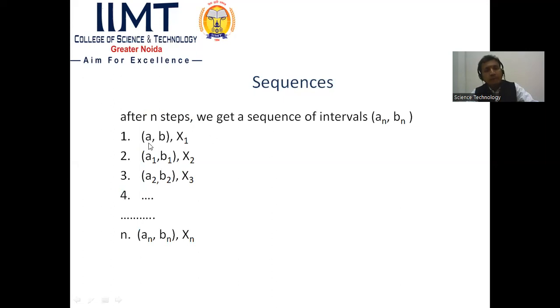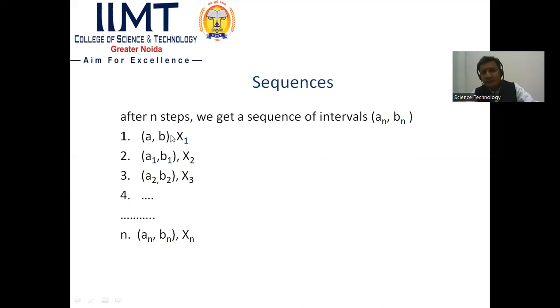Also, when we take interval [a, b], the first approximation we get is x1. After making this interval small by half, the interval becomes [a1, b1] and the second approximation to root becomes x2.